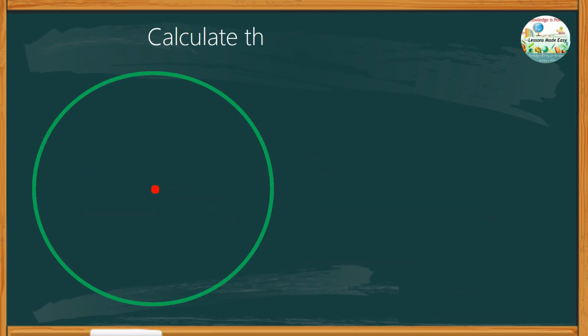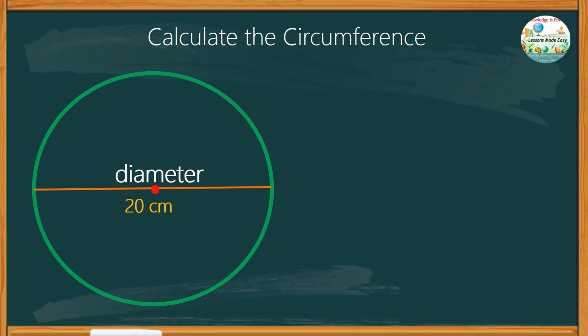Try to calculate the circumference of a circle with a diameter of 20 centimeters. Previously, we studied 2 ways to find the circumference. One is circumference equals pi d, and the other is circumference equals 2 pi r. Which one of these should you use?